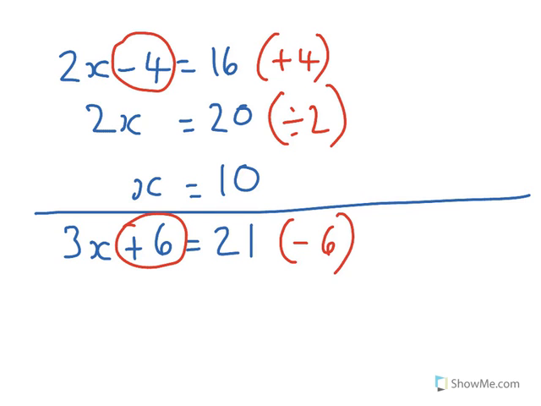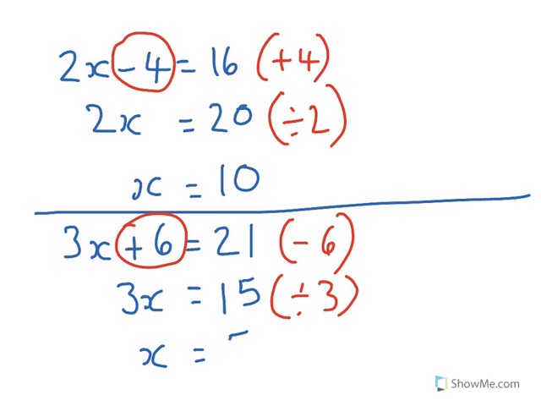So that's what we first do to both sides. So I would get 3x equals 15, subtracting 6. And now I would divide by 3. So I would have x equals 5.